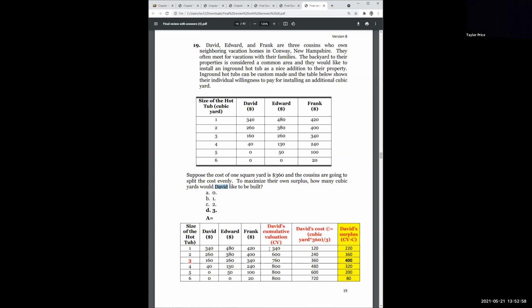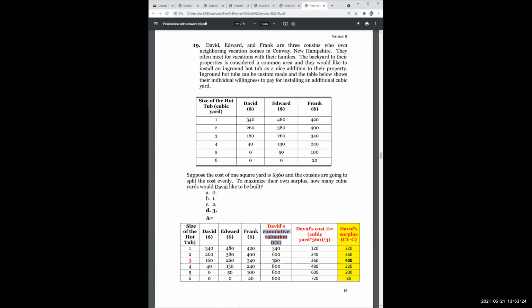And when they say cumulative value, I'm not sure why the person doing this used that phrase. You just add up David's value, so 340 plus 260, and then 340, 260, 160 for 3. That's a weird way to phrase it. You basically just add up his willingness to pay.